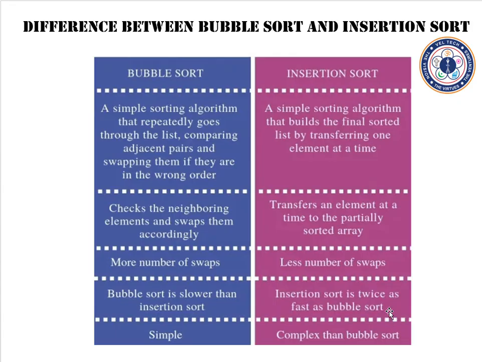So if you want to do the work faster, you can choose insertion sort. Bubble sort is very simple to use, whereas insertion sort is more complex than bubble sort.